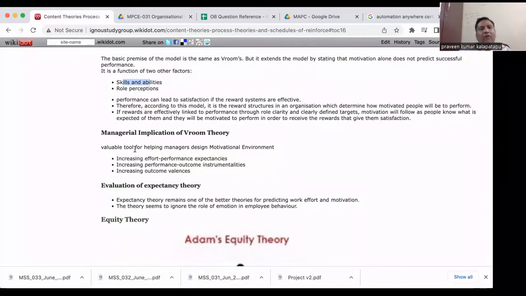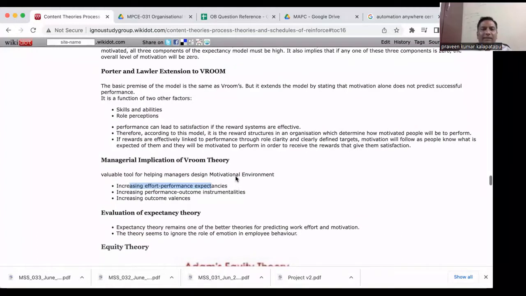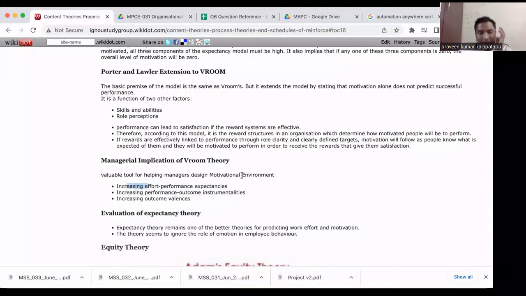So now what are the managerial implications of Vroom theory? So what he says is increasing the effort will improve the performance. Basically, these are like guidance to the manager. So you need to make sure that people spend the right amount of effort to stay motivated.